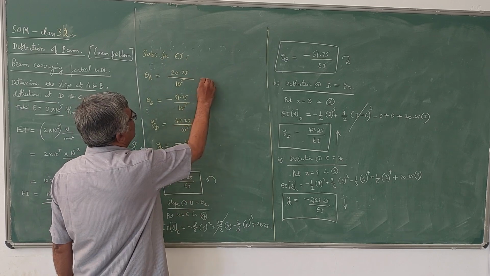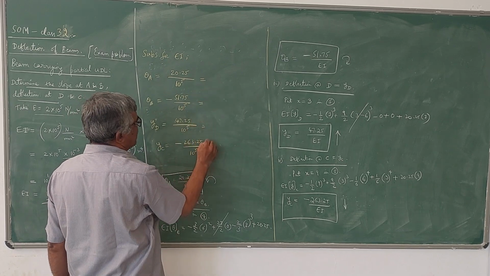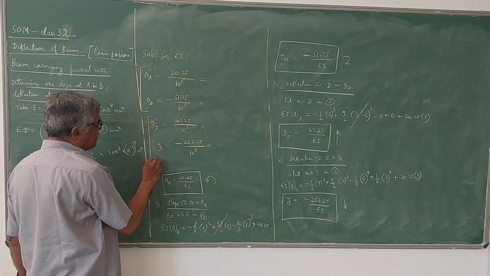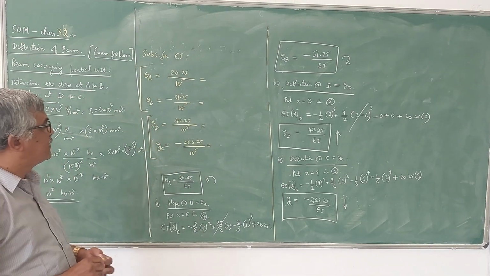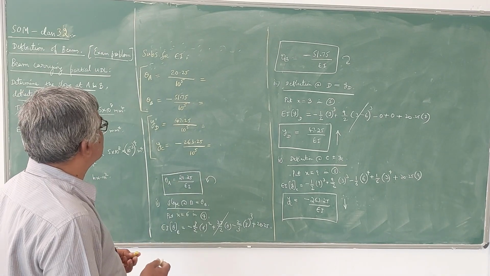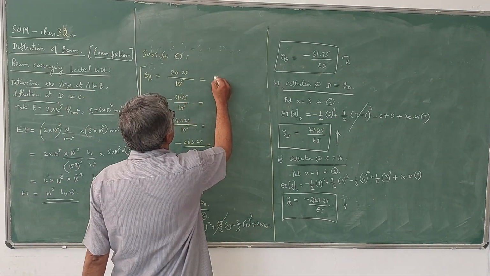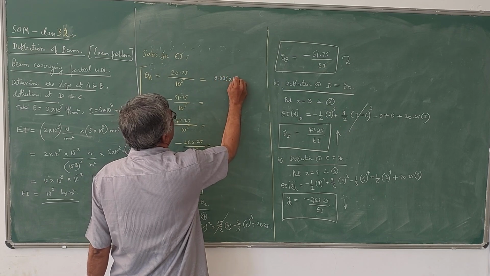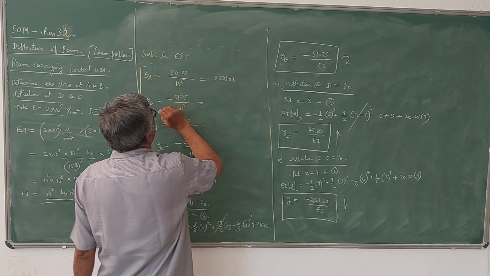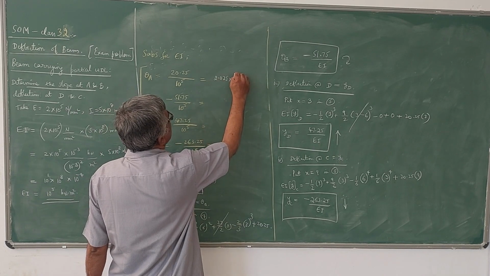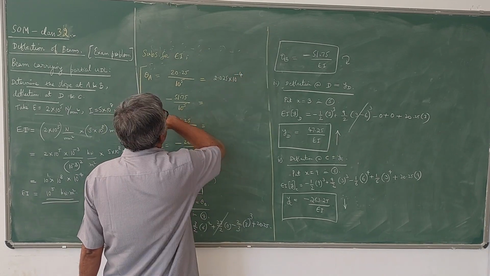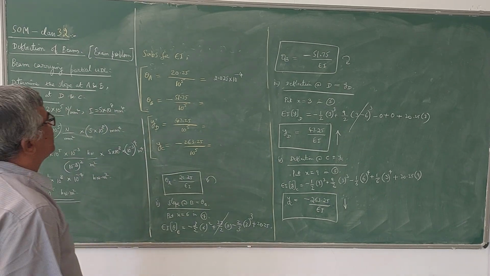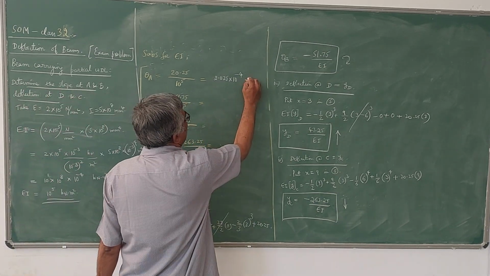The first 2 values will be in radians because they are slopes. The next 2 values will be in meters because they are deflections. So the first value I write as 20.25 into 10 power minus 5, which is 2.025 into 10 power minus 4 radian.